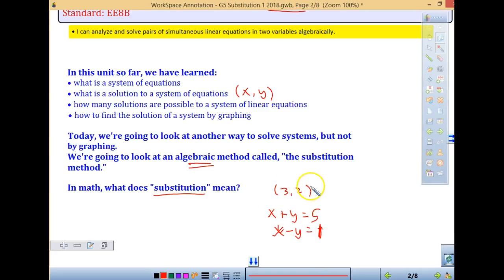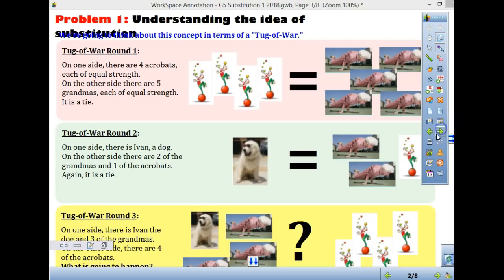Now, if we are substituting, this is our x and this is our y, and this is how you did the check. The check was really substituting the x in for the x point. So we had 3 plus my y. Instead of writing y, we put what y was equal to, which is 2, and that equaled 5. So anytime you are doing your checks, you are really using that substitution.